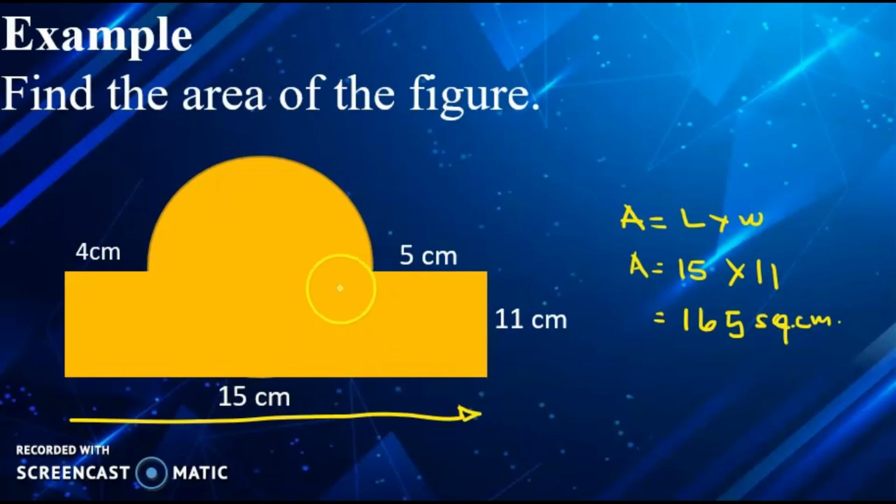So, para makuha natin yung area ng circle, di ba, kailangan natin ng radius or diameter. So, paano natin malalaman yung radius or diameter? Okay, so analyze natin. So, ibig sabihin kasi nito, this is 4 cm, may given from this point hanggang dito, that is 4 cm. So, from this point naman, up to this point, that is 5 cm, right?